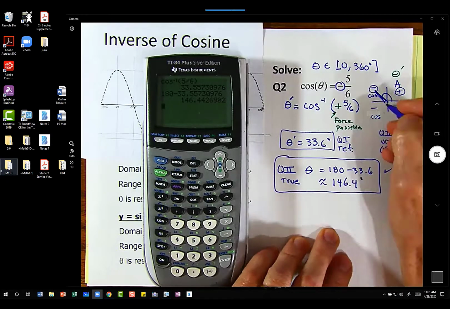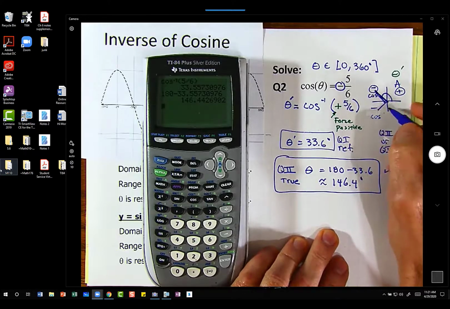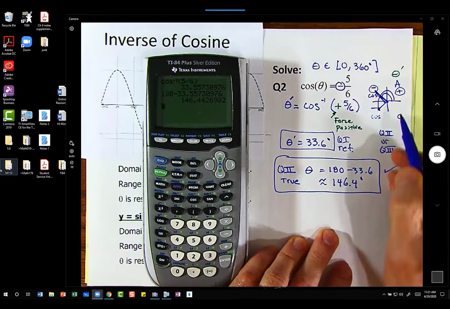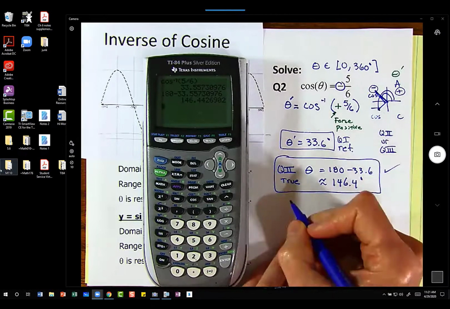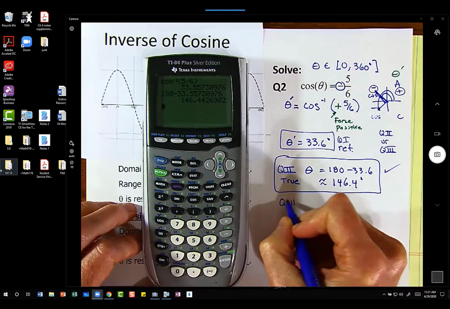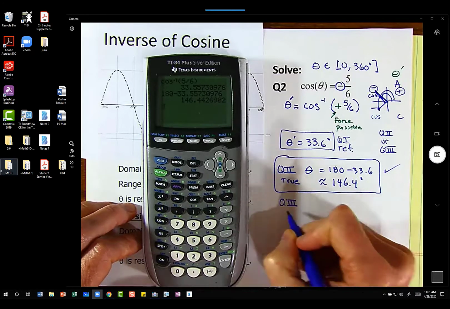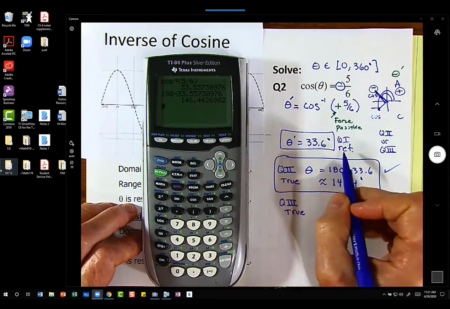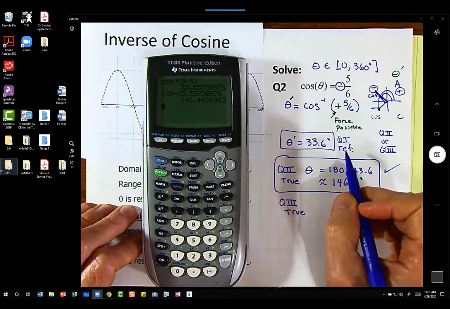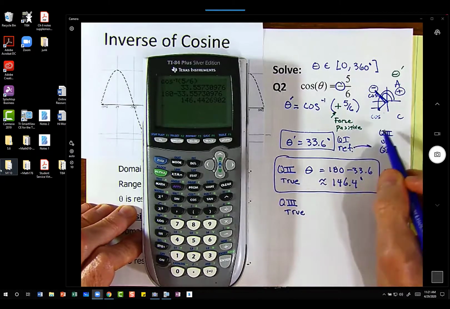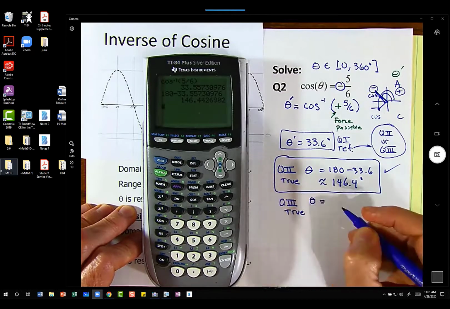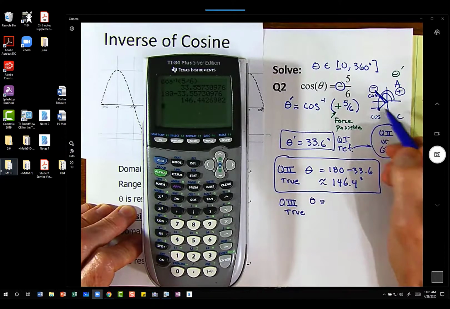But I also have another time where cosine is negative, and that's in quadrant 3. Now I need a quadrant 3 answer. So this will be my true solution. The first one was just the reference angle solution. I'm using the reference angle solution to find these real solutions. So theta will equal, if we're in quadrant 3, how do we get that?